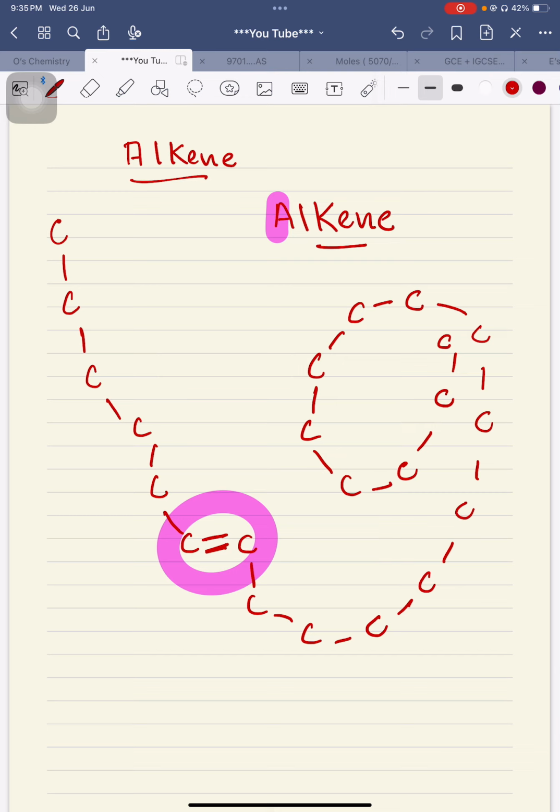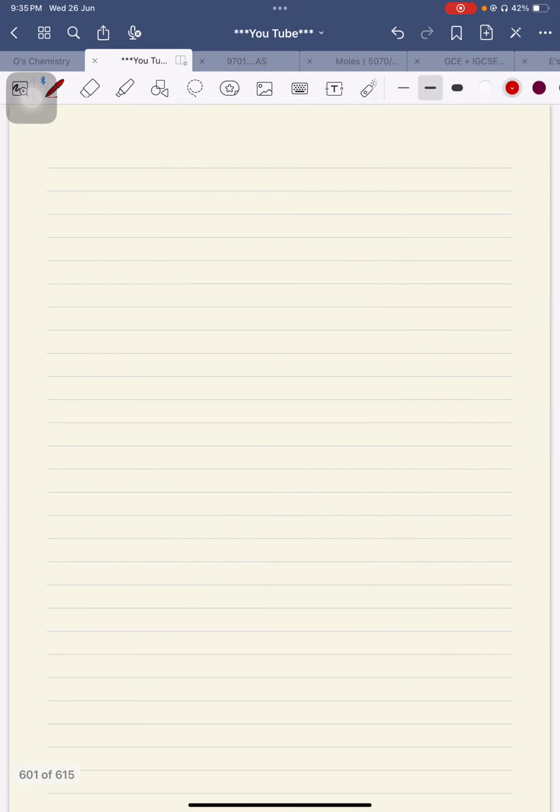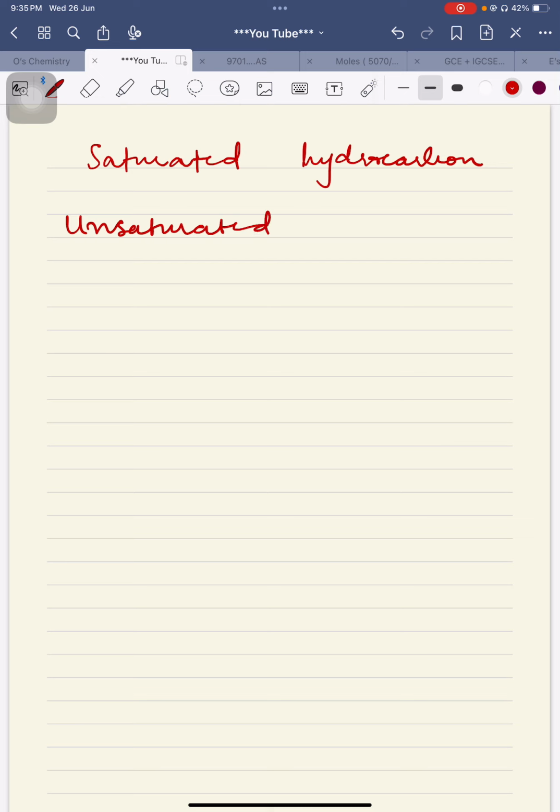Guys, I'm going to change the page right now. There is a term called saturated hydrocarbons, and the other is unsaturated hydrocarbons.